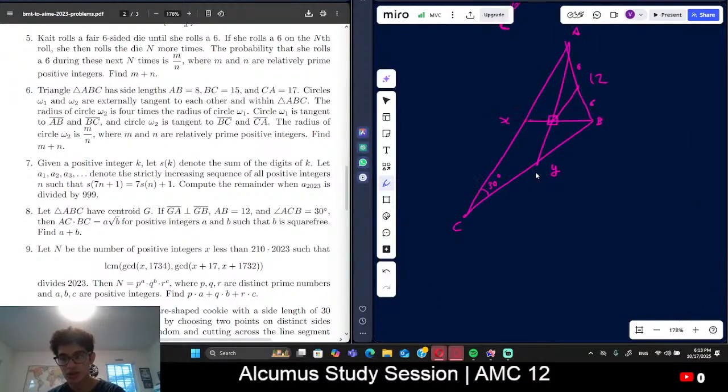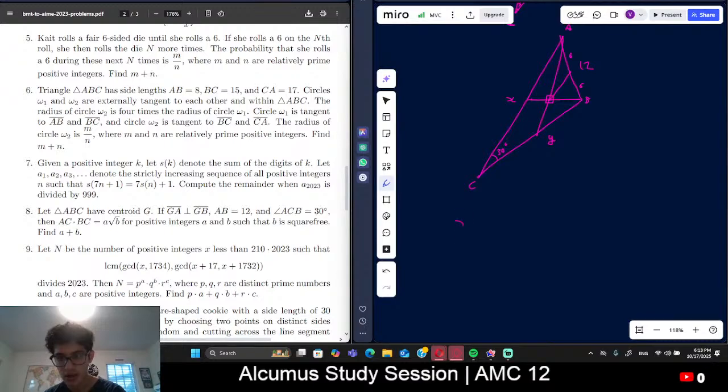One of the first relations that we can derive from here is that x squared plus y squared minus 2xy cosine of 30 is equal to 144. So from this we can say that x squared plus y squared minus 144, over 2 cosine of 30 degrees, is xy.